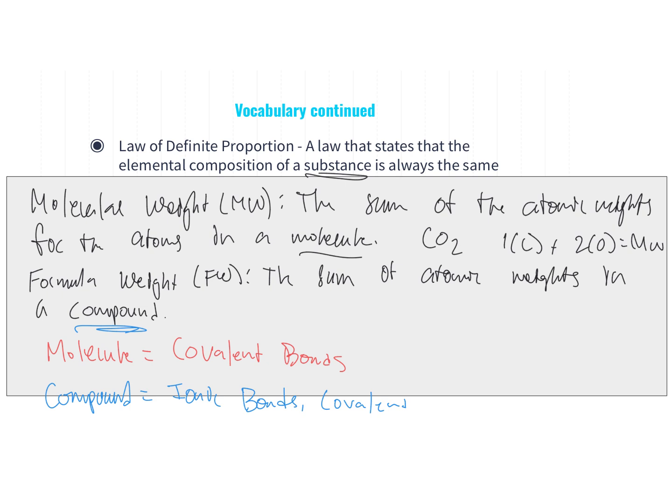And so when I say a molecule, I typically mean covalently bound compounds. When I say a compound, this is ionically bound compounds or salts. Salts, otherwise known as something like NaCl, sodium chloride, which are ionically bound to each other.